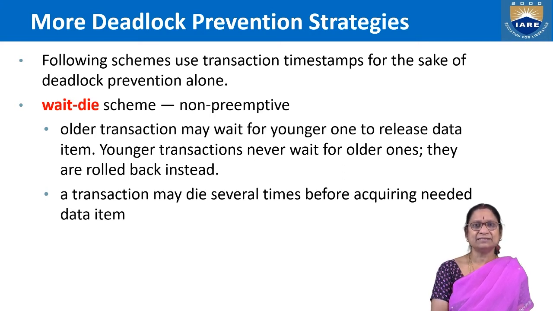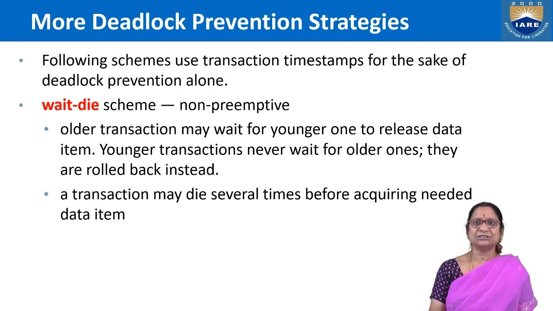That means certain transactions are going to be rolled back based upon the timestamp allocated to the respective transactions. That is, older transactions will wait for the younger one to release the data items, but the younger one won't wait for the older transaction to release, and will get rolled back. Once they get rolled back, what happens? They will release all data items for which the older transactions are waiting, and the older ones may get served. But what is the problem with that?